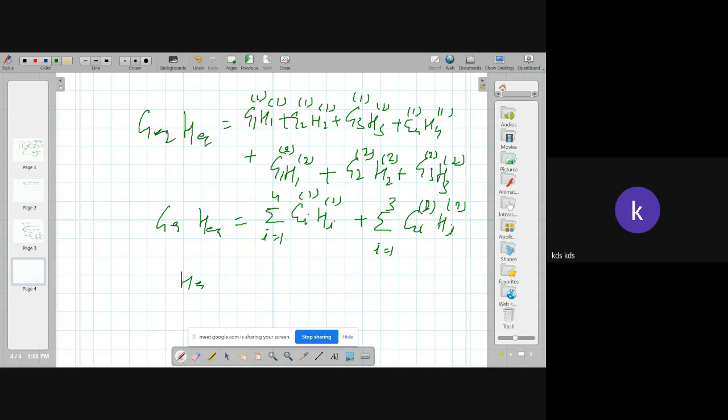So H equivalent is given by this whole summation divided by G equivalent.